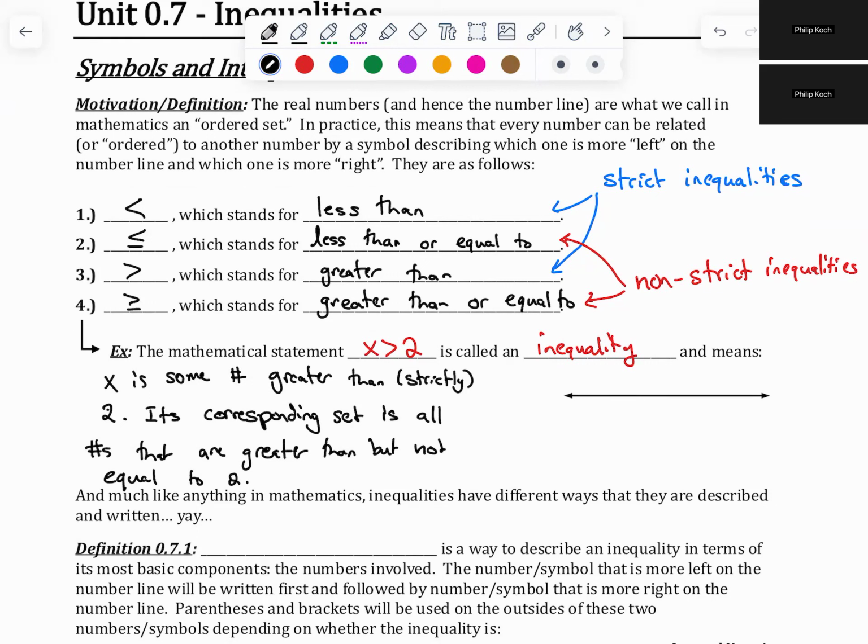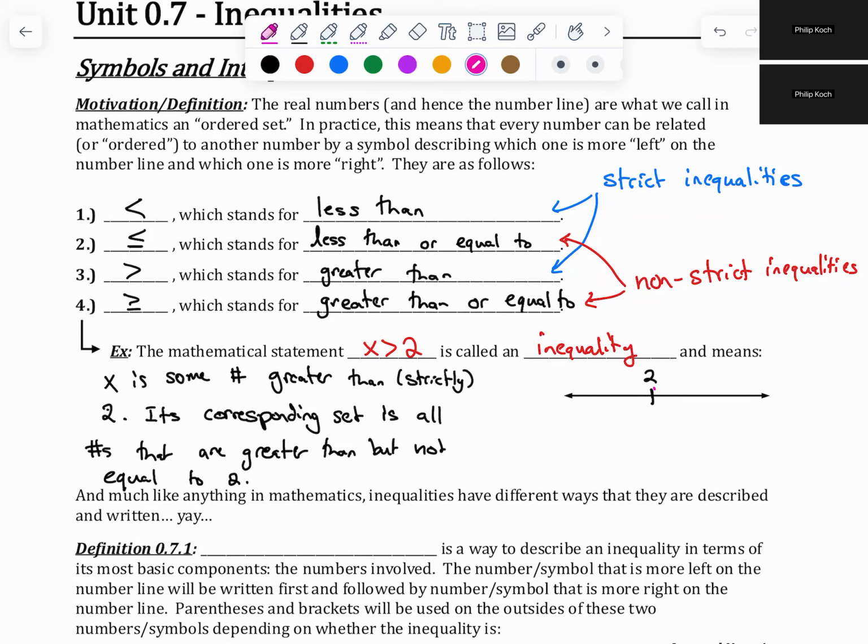If we were to write that on a number line, you put a dash mark here and write a 2. This is the old way to do it, and I hate it, and I'll explain why in just a second.